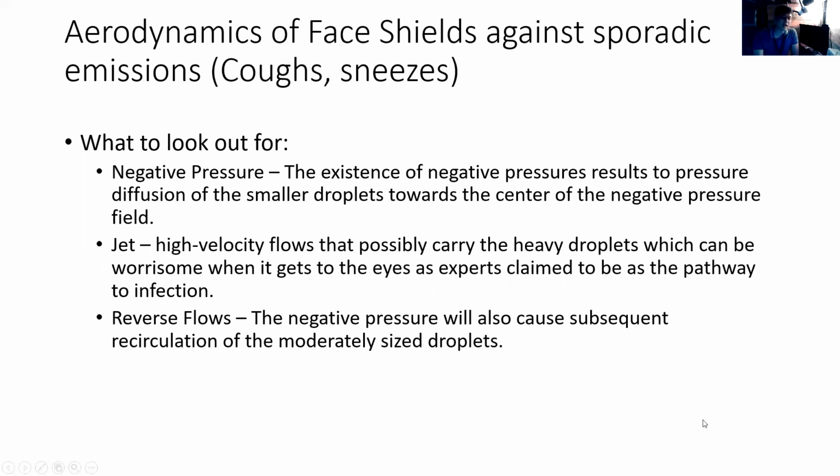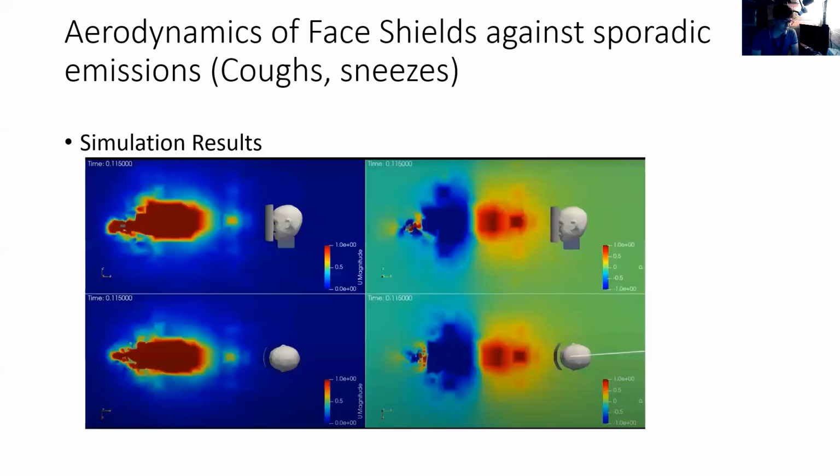Another thing to consider is the reverse flow. I mentioned previously that the negative pressures not only attract the airborne particles, but also the air itself. So it redirects the flow, the wind direction, towards the center of that negative pressure region.